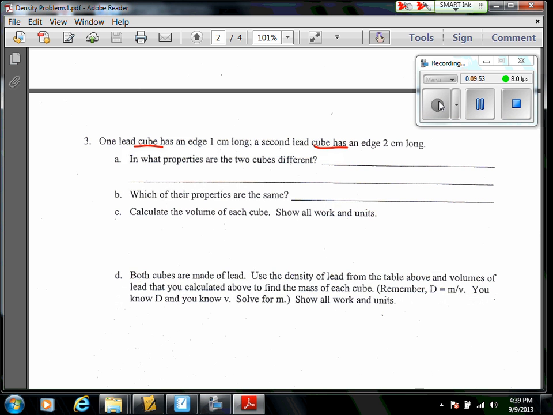So let's calculate the volume. This first cube is 1 times 1 times 1, so it's 1 cubic centimeter. This lead cube is 2 times 2 times 2, which is 8 cubic centimeters. That's the volume of that one.